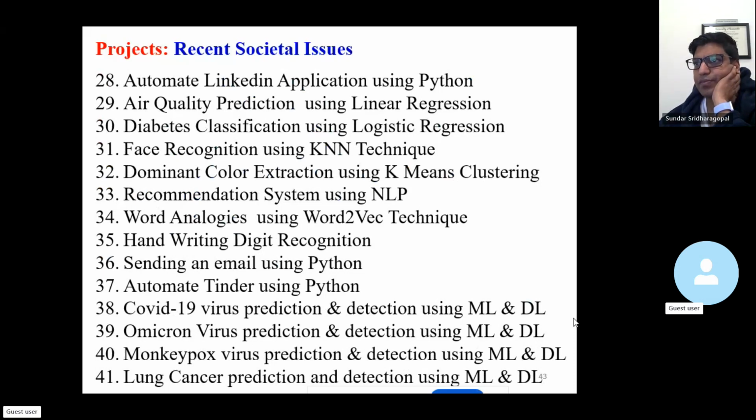Don't worry. Then diabetes classification using logistic regression, face recognition using KNN, the K-nearest neighbor technique. For each technique, I'm going to show the steps, what is happening internally.